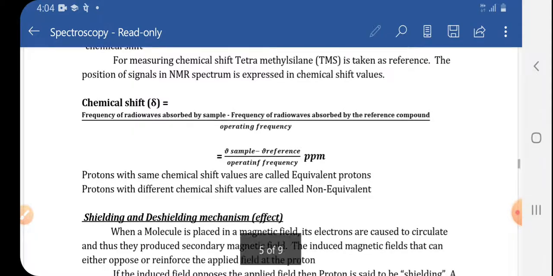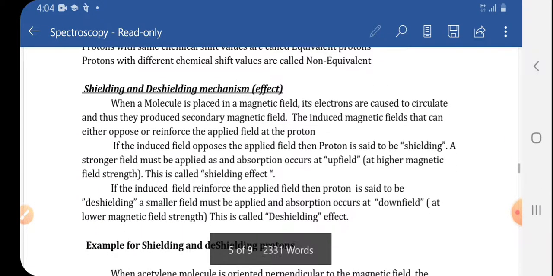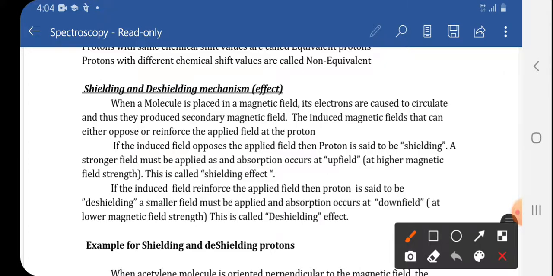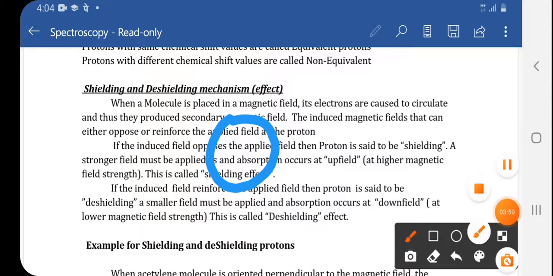Okay. Now we discuss what is shielding and what is de-shielding. I can explain very clearly here, showing it with a diagram. When we have one type of proton, this proton has electrons around that nucleus.